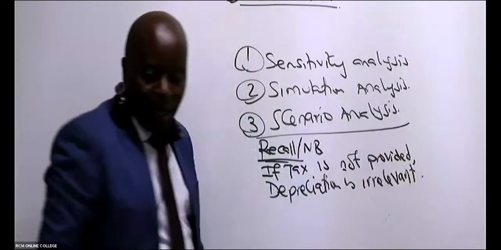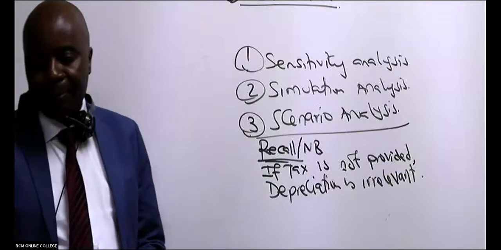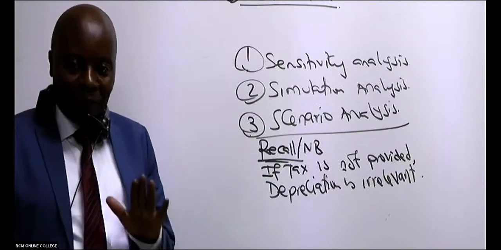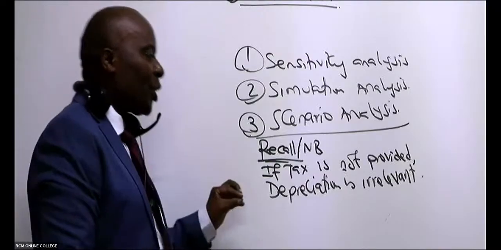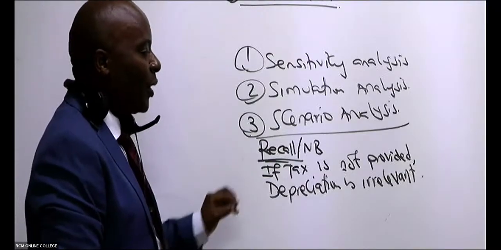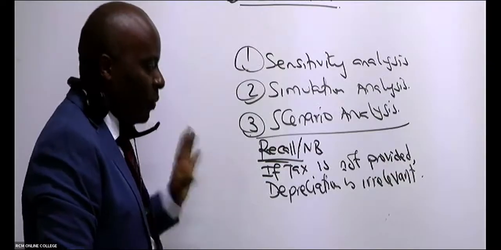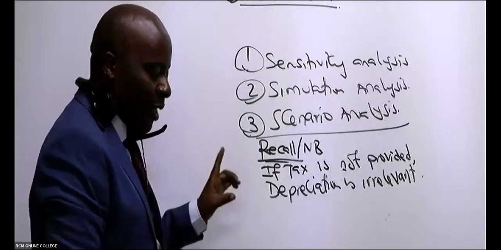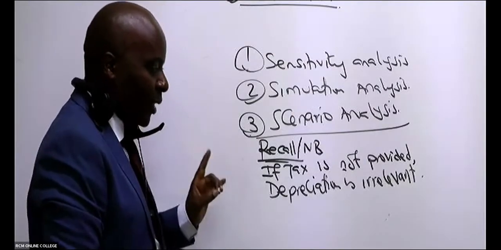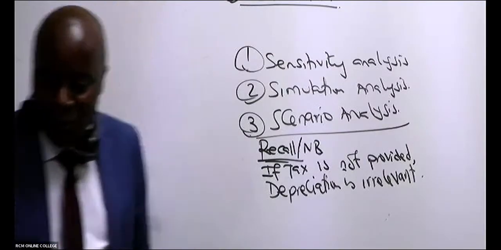This is really very important for you. When you go to a question and then realize that this question does not have a tax rate, 30% or whatever percentage, then automatically you know that depreciation is irrelevant. It will be very, very important for you to know that.